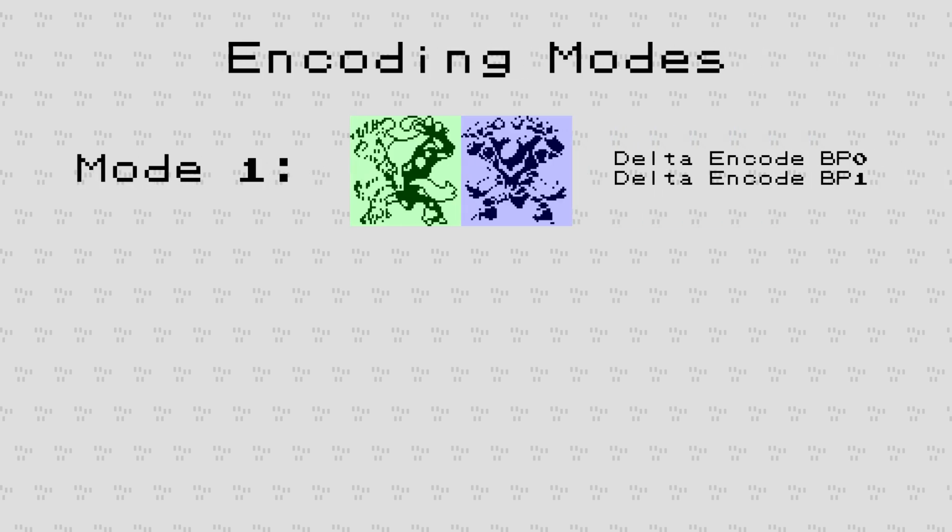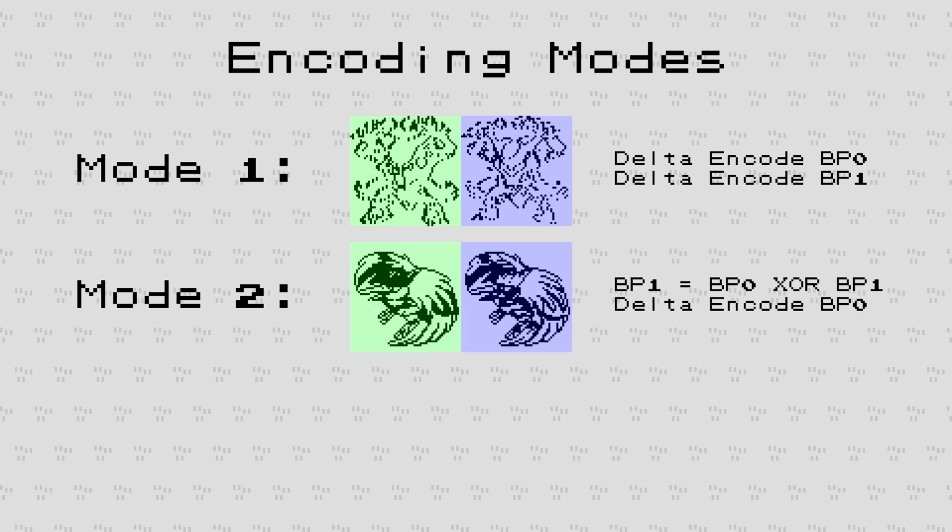Returning back to the format of the compressed Pokémon sprites, there are three types of encoding modes. In the first encoding mode, both the first and second bit planes, which I'll refer to as plane 0 and plane 1 respectively, are delta encoded. In the second encoding mode, first the two bit planes are XORed together, and the result replaces plane 1.